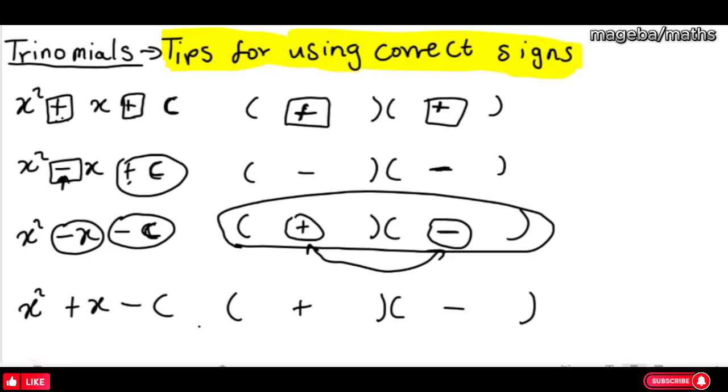So the factors we find, when you multiply these two, do they give you the last term? And when you add or subtract, does it give you the positive sign of the middle term? It's very, very important.